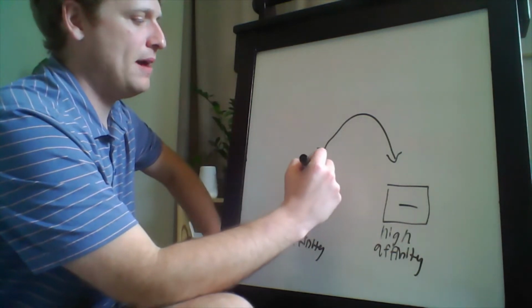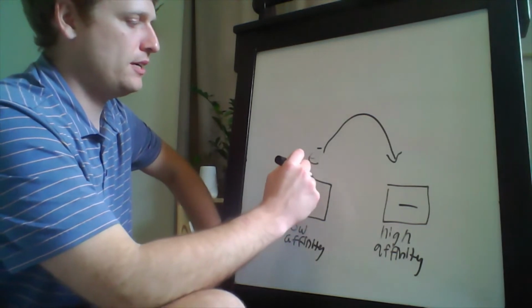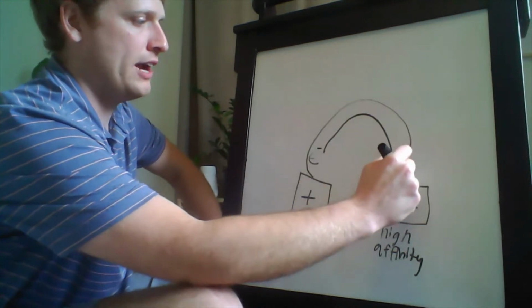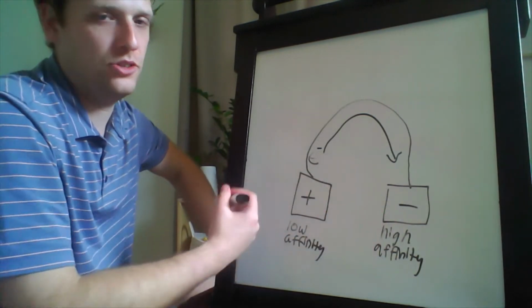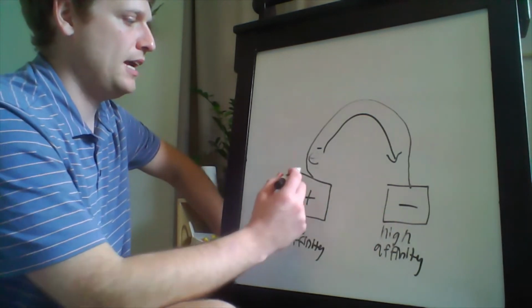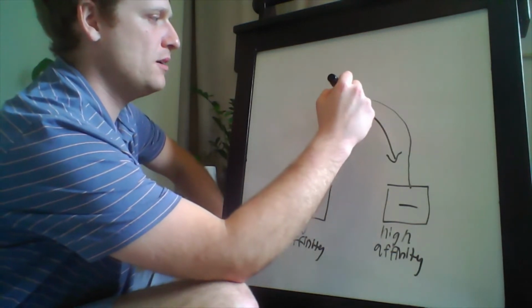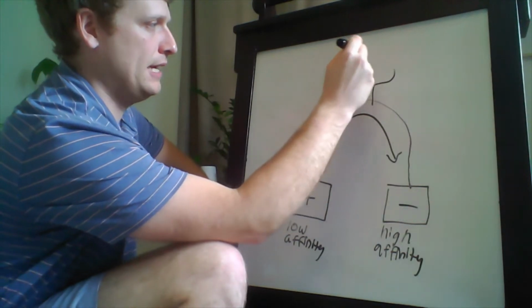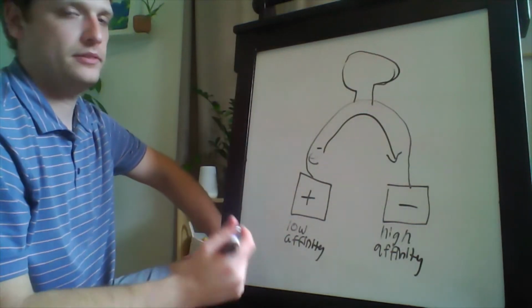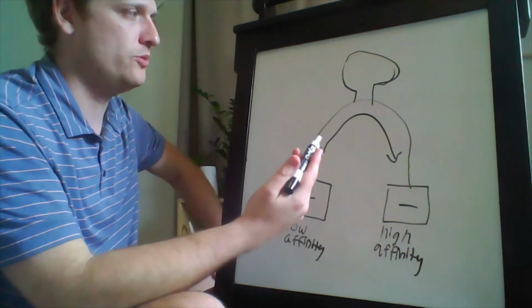And how they move is that you connect some conductive wire to connect the two substances. And electrons can move through this wire. Somewhere in the middle of that wire, you're going to have something like a light bulb, or whatever the electricity is being used for.